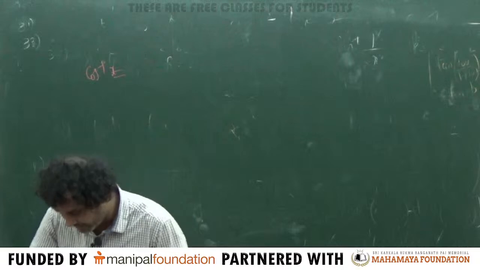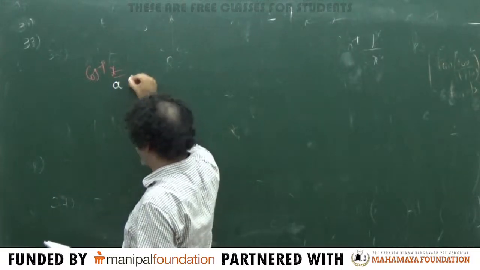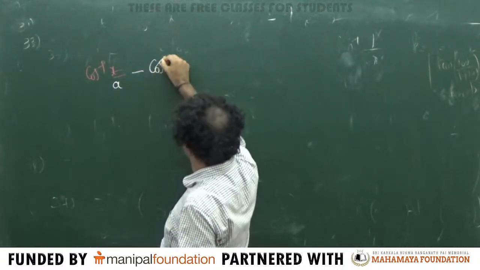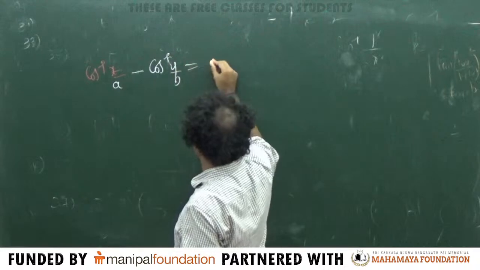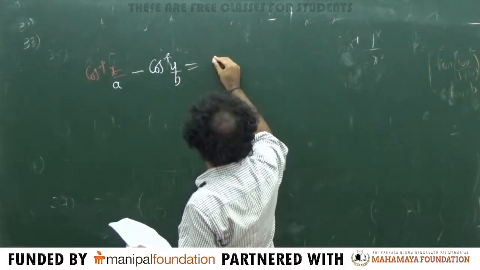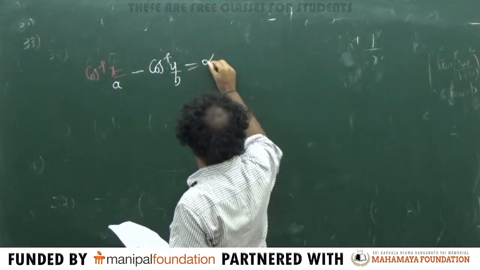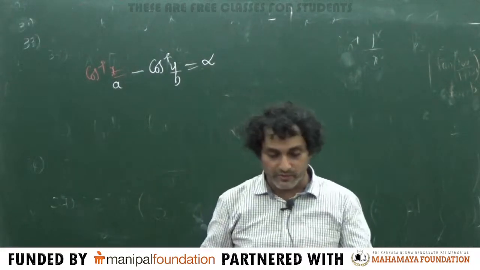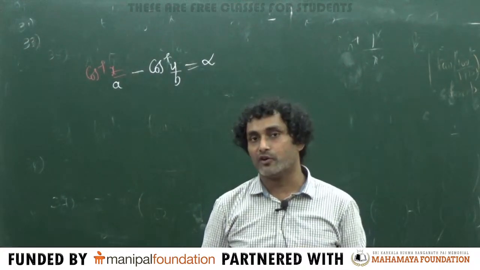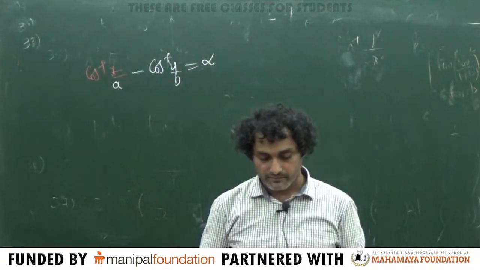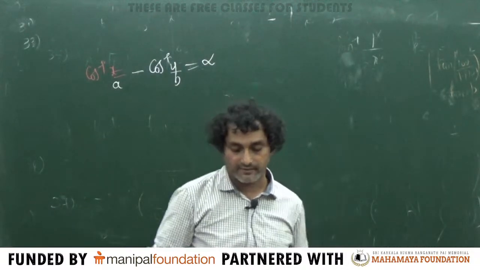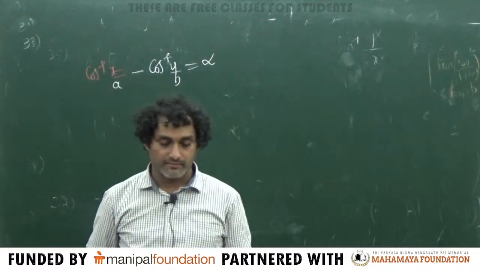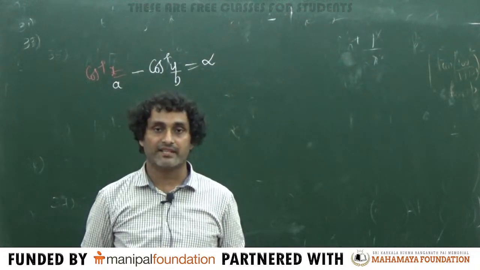Cos inverse x by a minus cos inverse y by b, isn't it given as theta or alpha? Correct, right? So what you do is, I'll give you a small work to do. What happens when you take it as sin theta or something?